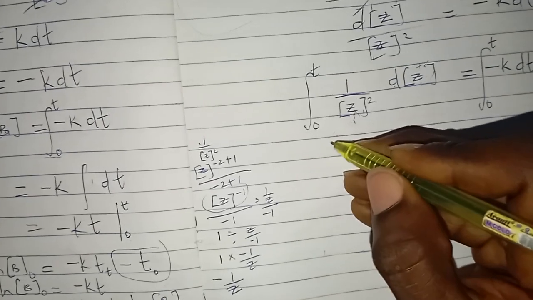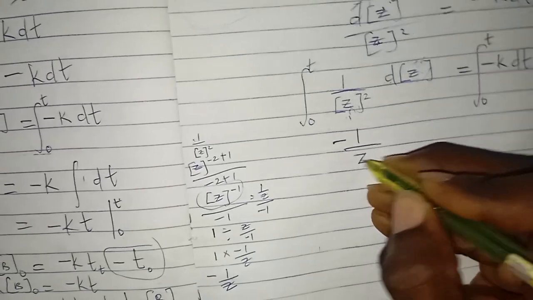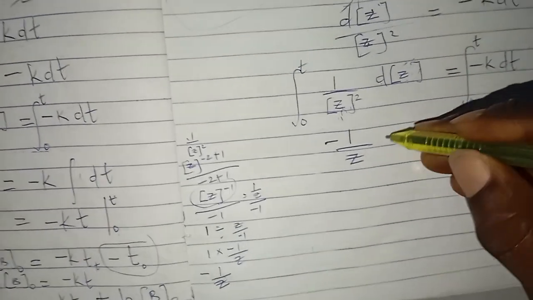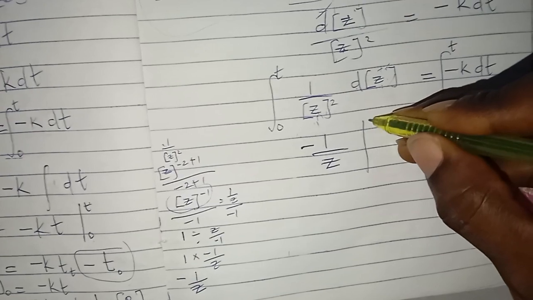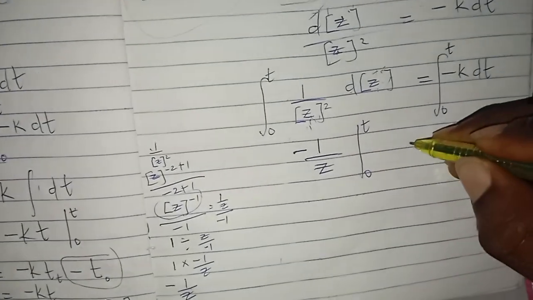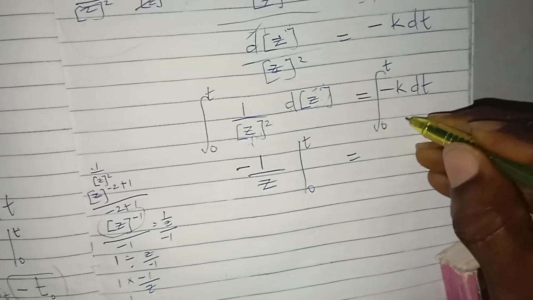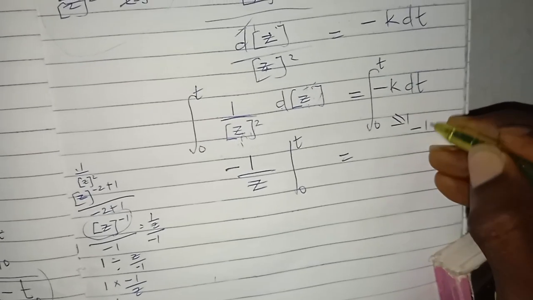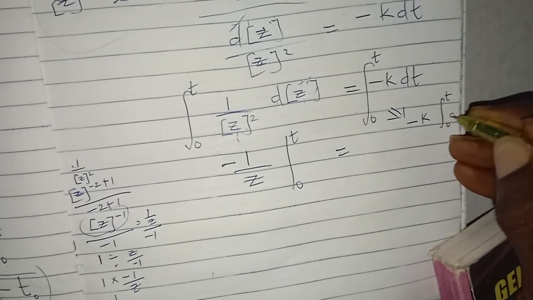So I will just have -1 over z. Then I will remember that immediately you integrate this thing, you represent it with just the boundary, equals to, then I can put this k outside, so that this thing is the same thing as saying minus k integral t 0 delta t.